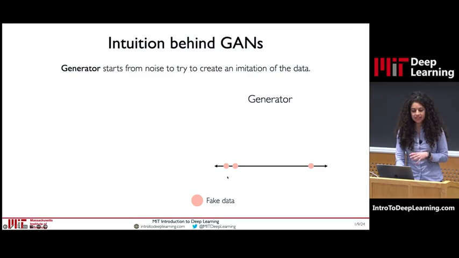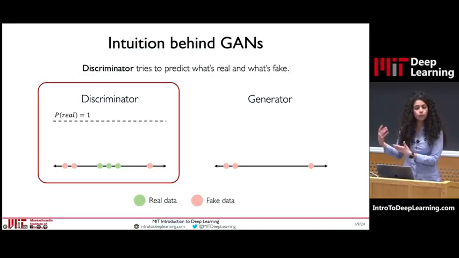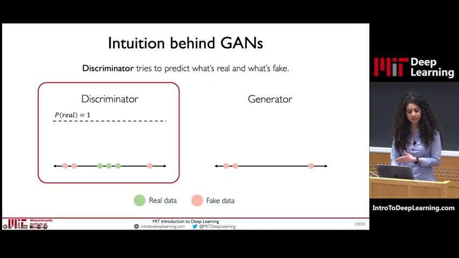Let's say now these orange points are those fake data samples drawn from noise. Now the discriminator is going to look at these points. It's also going to see instances of real data. And the discriminator, we're going to train it to produce a probability that the data it sees are real or if they are fake.